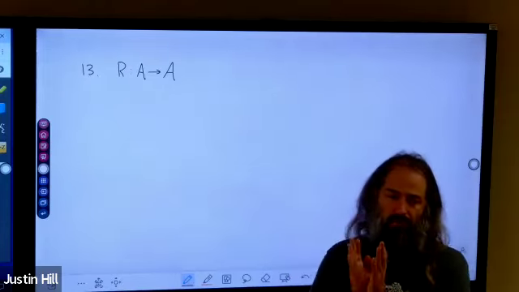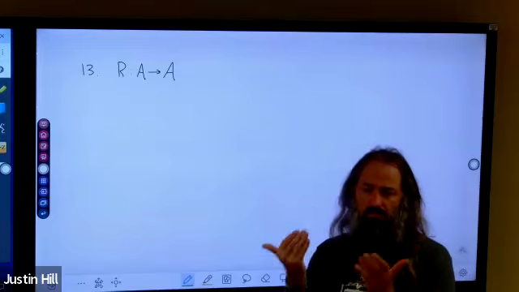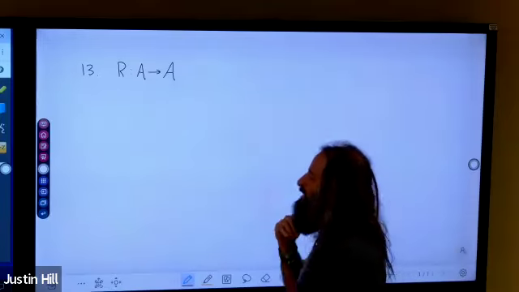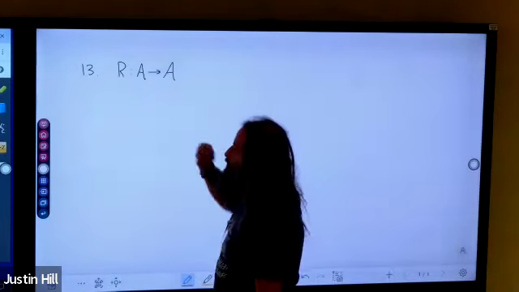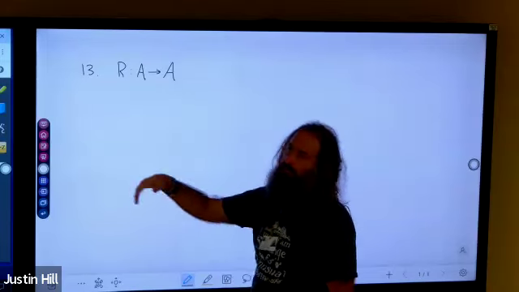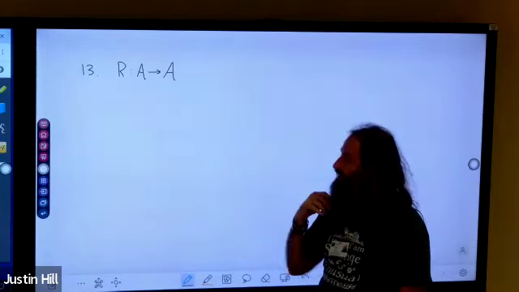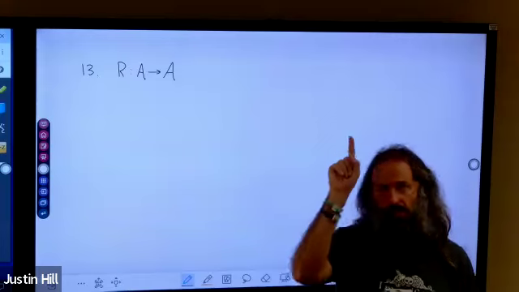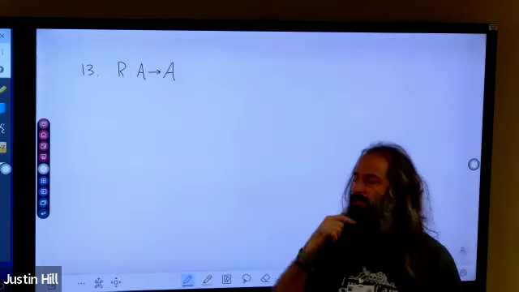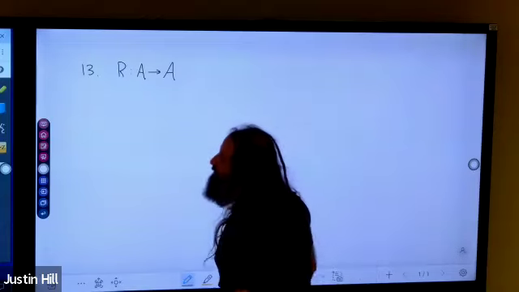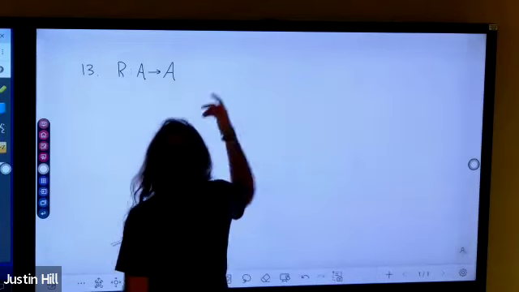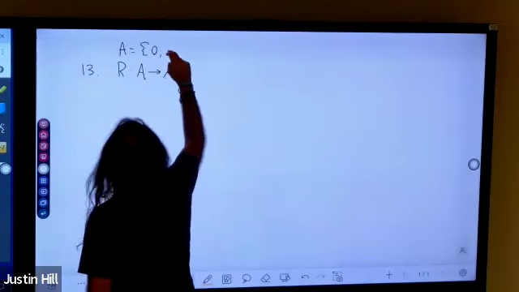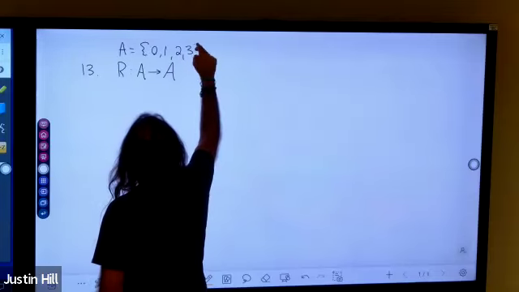You can relate things from two completely different sets, or you can relate things from the same set, where the domain and the codomain match. When they match, they'll often say it that way: define a relation R on A. When they say on A, that's your cue that they're taking elements of A and relating them back to elements of A. So R goes from A to A. We probably need a definition of A. So A is 0, 1, 2, 3.